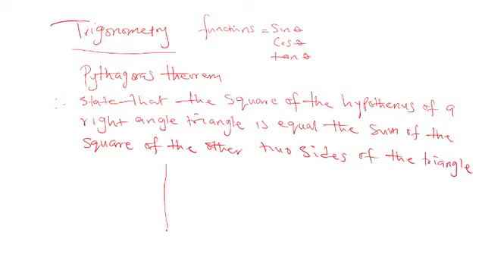Now this is a right angle triangle, and it's called a right angle triangle because at this point we have 90 degrees.